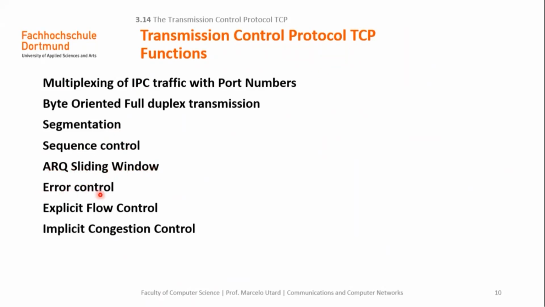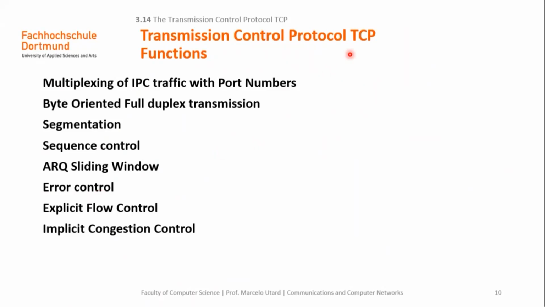Each time the receiver receives a segment correctly, the receiver sends the transmitter an acknowledgement. And if the transmitter doesn't receive the acknowledgement of a segment after a retransmission timeout, the transmitter retransmits the segment again.